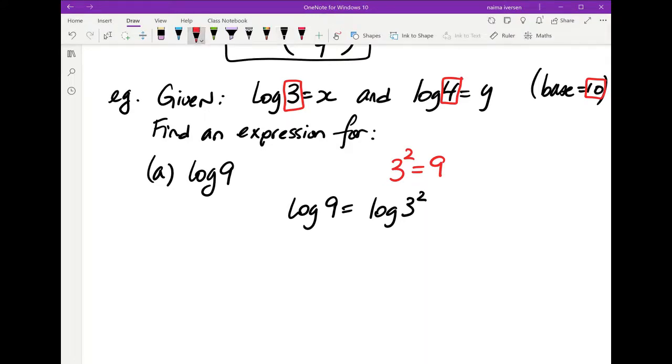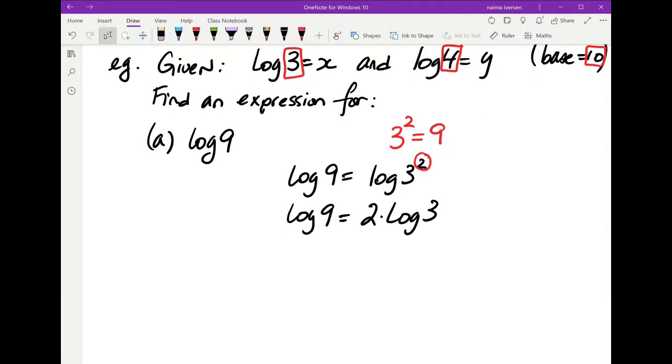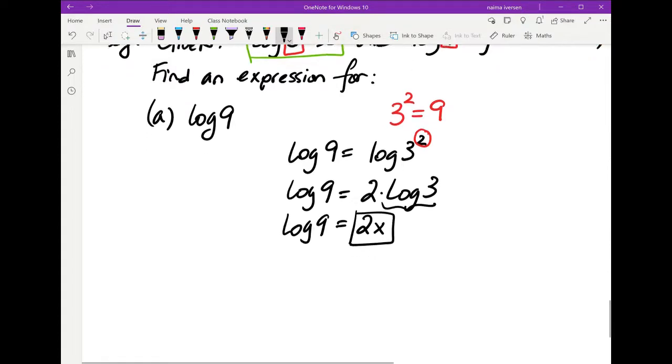Using our exponent rule, the exponent can be brought down in front: 2 times log of 3. In the previous question, we wanted to bring it up so that we could incorporate it. In this one, we don't want it, so we bring it outside. We are given that log of 3 is equal to x. So this expression is 2 times x, which means log of 9 would be 2x. So we're just finding an expression for this.